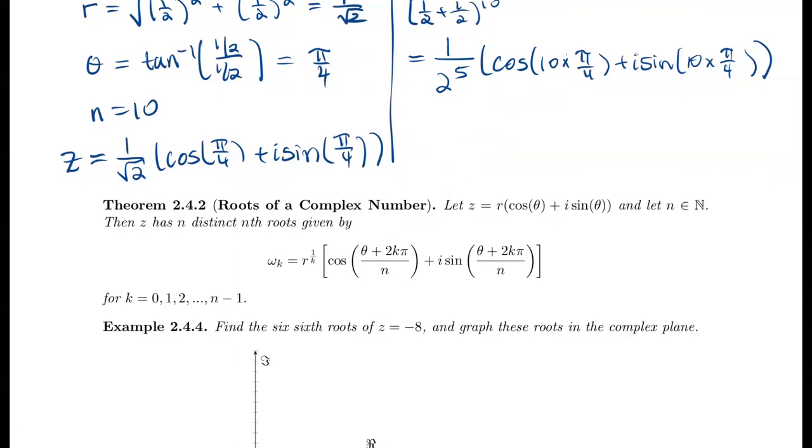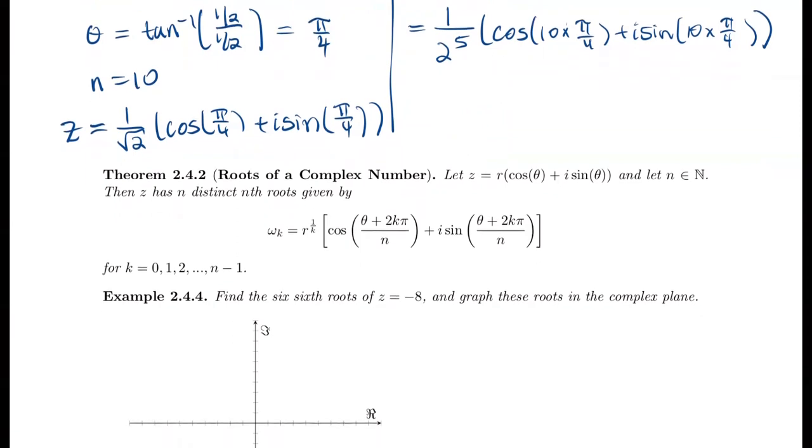And k here can only range from 0 all the way to n minus 1.